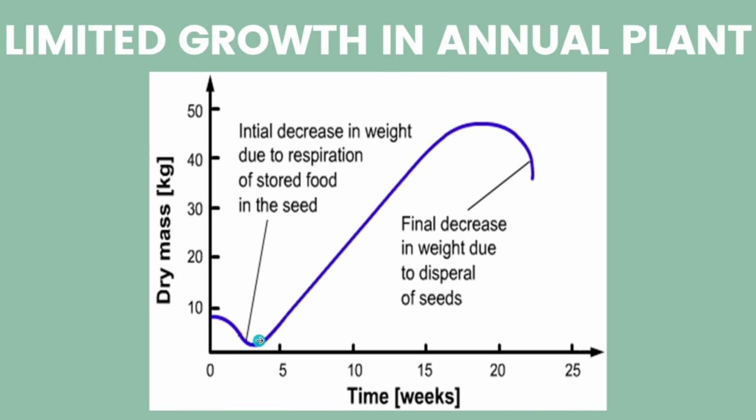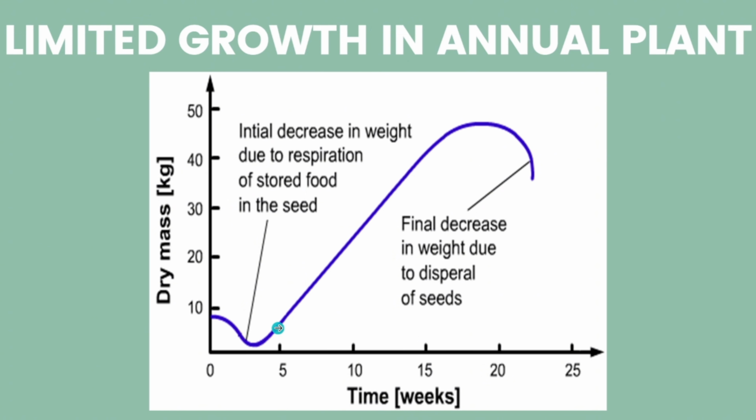There is an initial mass decrease in seed germination. Why? Because during seed germination, they require a large amount of nutrients from the endosperm, right? You will still remember. So when the nutrient is taken up, of course your mass is decreased.